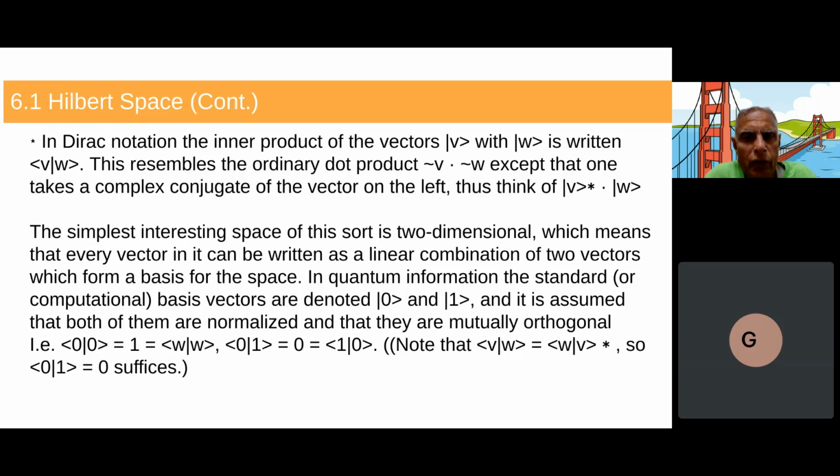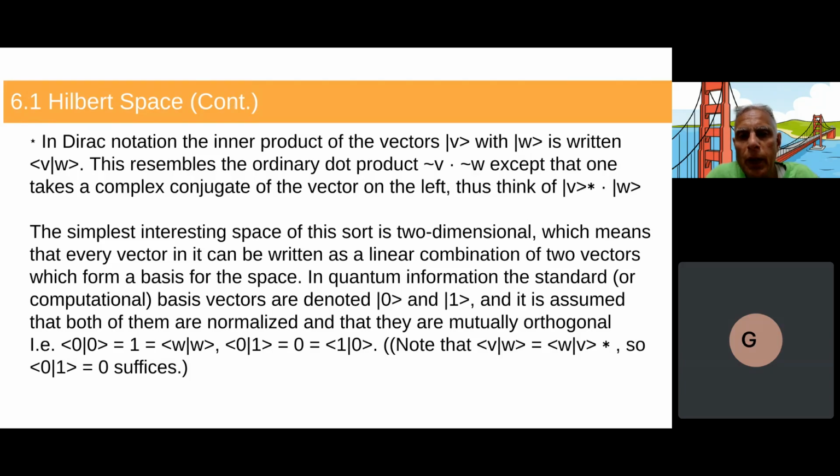The dot product is represented by a bar with a bra v, that is the less than v symbol, which is the bra side of it, with a straight line, and w similarly with a bar, where w greater than is the ket symbol. So you have got a bra and a ket.